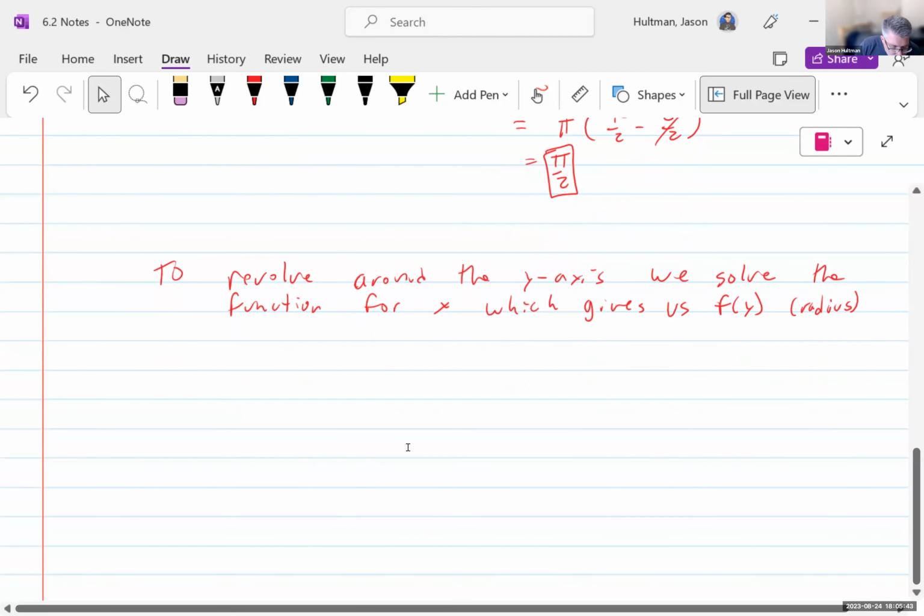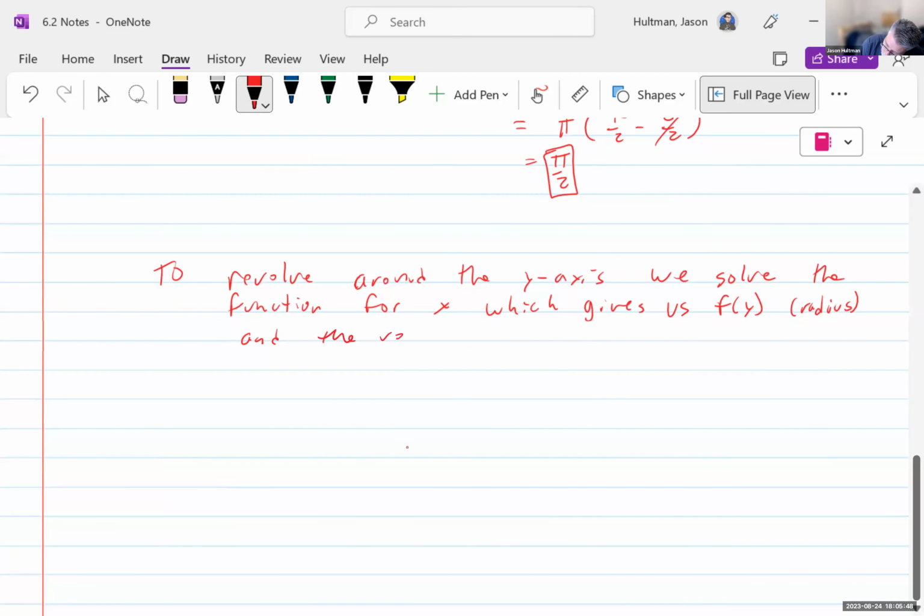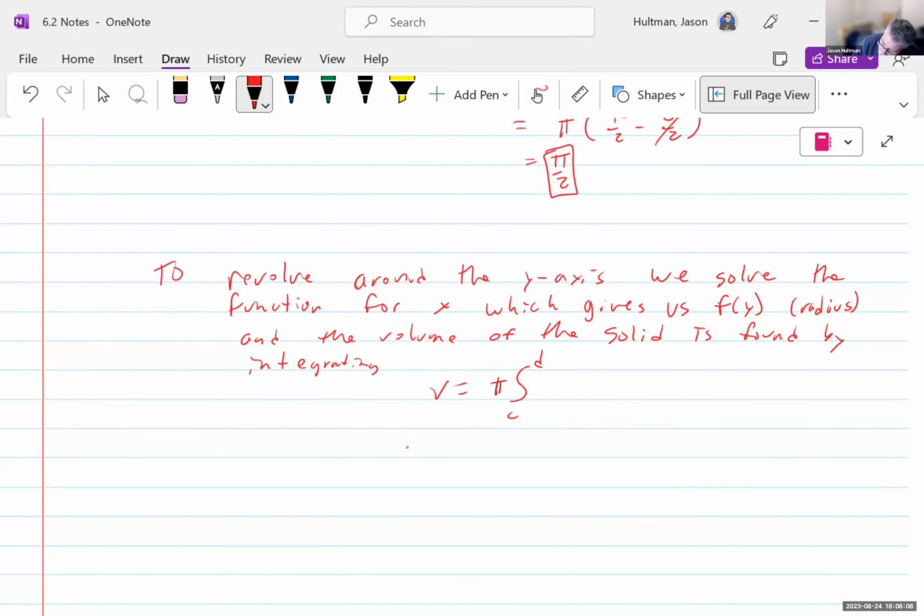The volume of the solid is found by integrating: V equals the integral from c to d of pi times f of y squared dy. So now we just have a y-oriented function, and that's going to be our radius.